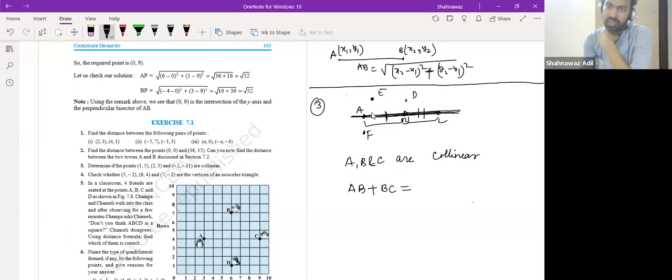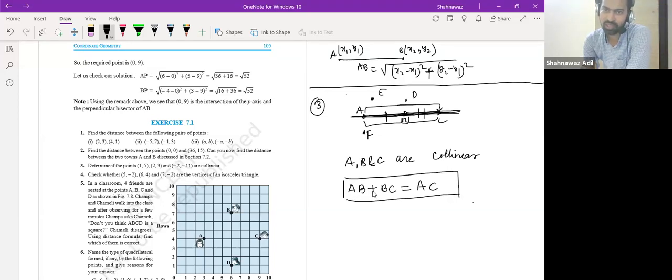Shama? AC. AC, right? So this is the idea of collinearity. This is the thing that we need to find out. If I want to prove that A, B, and C are collinear, then I have to do this.